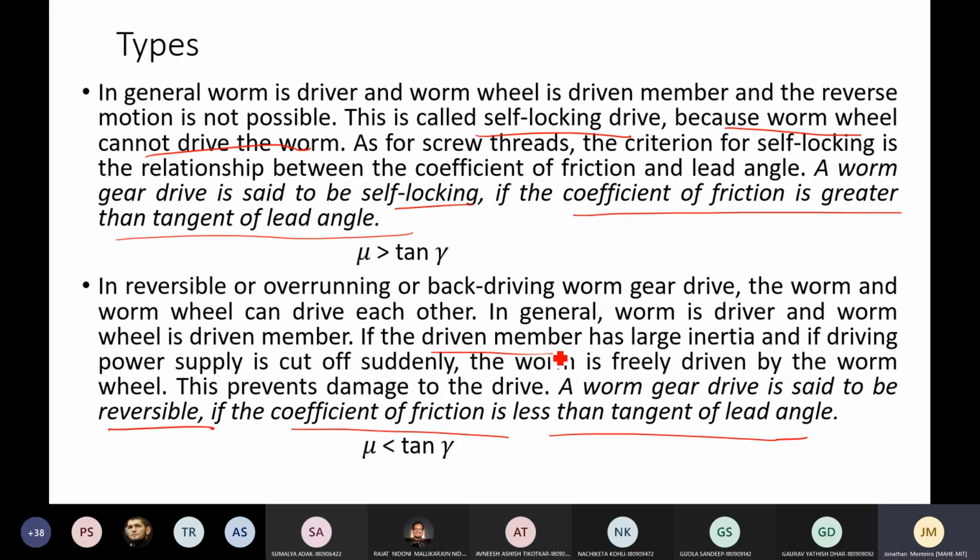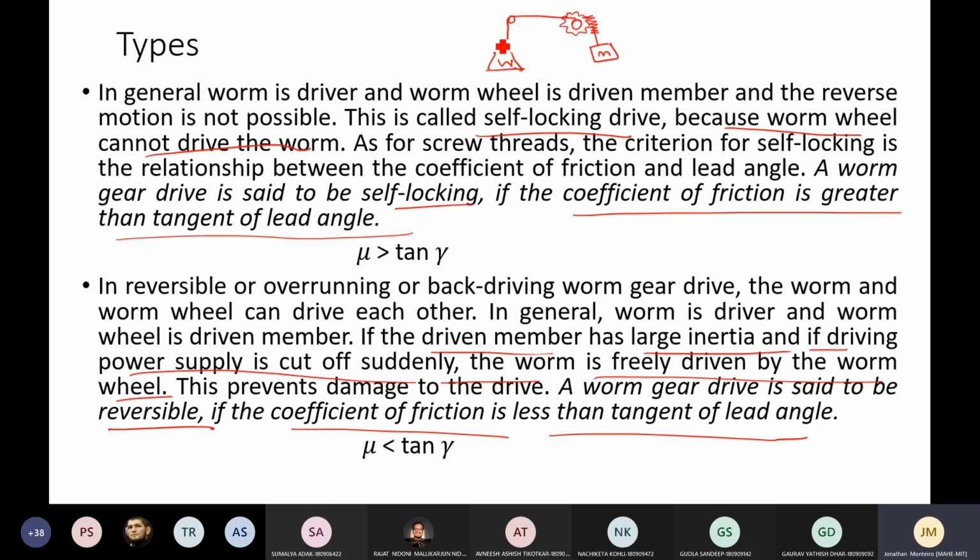If the driven member has large inertia and the driving power supply is cut off suddenly, then the worm is freely driven by the worm wheel. Suppose you are using this combination in a lift. You have a very high torque requirement, you are putting a pulley, and finally there is a worm wheel, and you are driving using a worm attached to a motor.